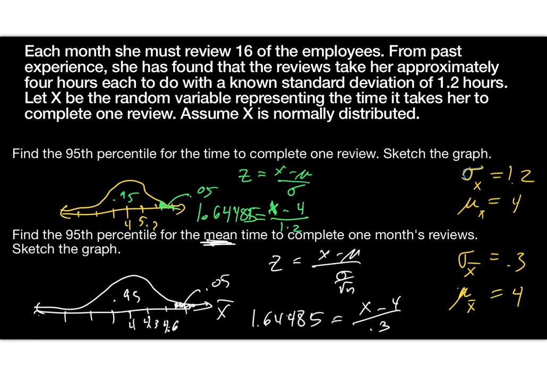Which one will be larger? Second one or first one? And then the question would be, why does that make sense? As you sample more and more, variability decreases, because I'm taking an average. So to have an average value, it becomes harder to have a larger value, an average value above the mean.